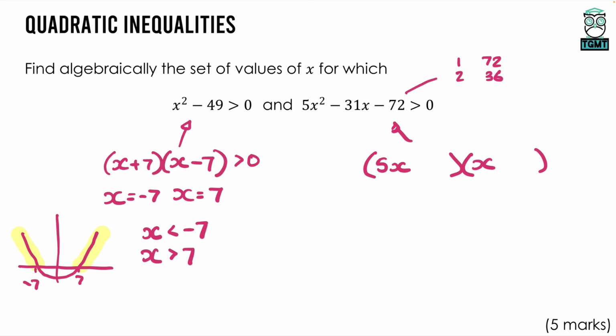But I'm going to try and think about if there are potentially some nicer ones, because I know that one of these numbers is going to get times by 5, and I've only got to get to 31. So I'm thinking it's probably not going to be 72 and 36 that we're timesing by 5. 2 would have been quite nice, because 2 times 5 is 10, and 10 and 36, so I can get pretty close to 31.